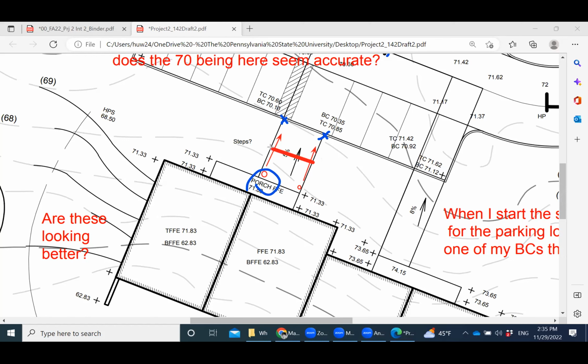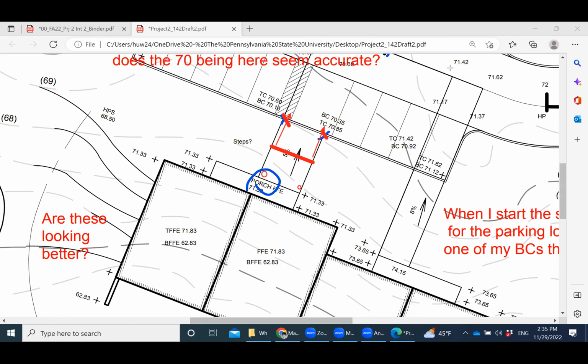Does that make sense? Because we're close to 71 there, and we're a little farther away from 71 there. That's okay, because these 2 slopes are not the same, right? The 71 contour would be somewhere there. Then you would look for where 71 comes out of the curve here.